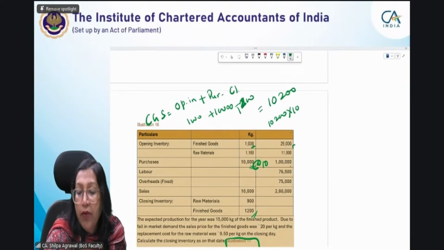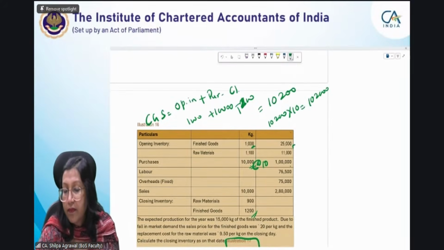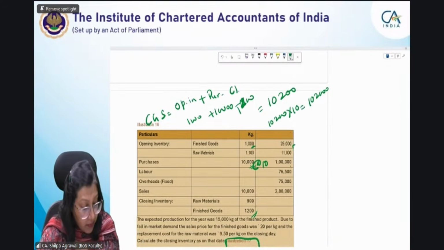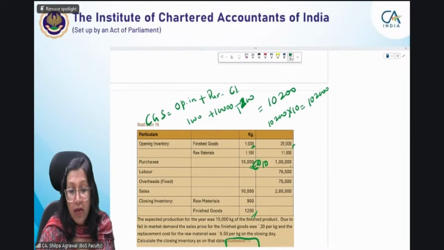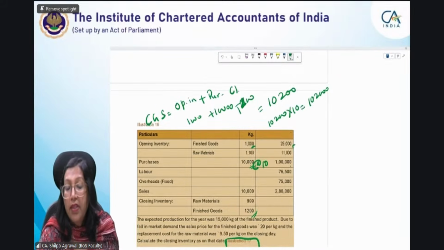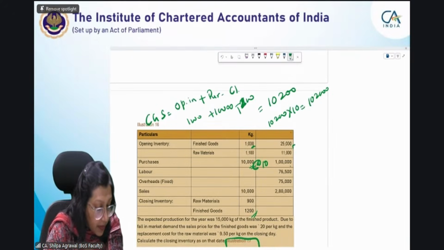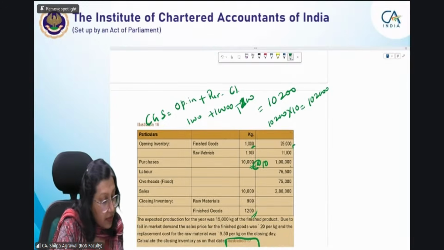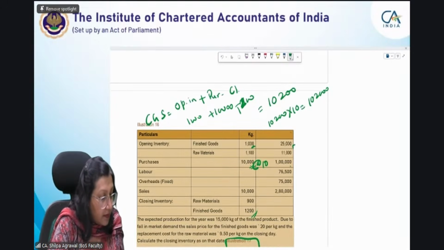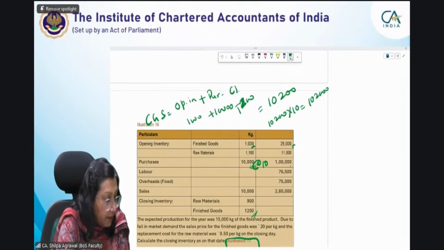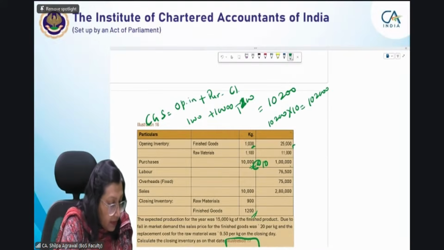So here we calculated at 10 rupees, how much have we got? Ma'am, 9,800 units. 9,800 units, how come? Yes, cost of goods 1,000 plus 10,000 minus 1,200. 11,000 minus 1,000, 10,200. Did we miss something here?